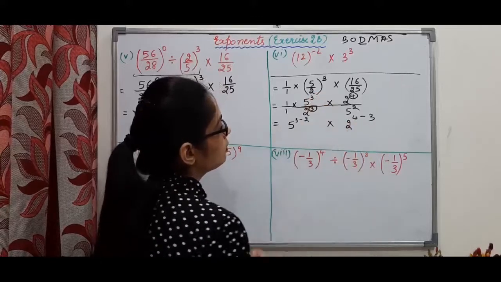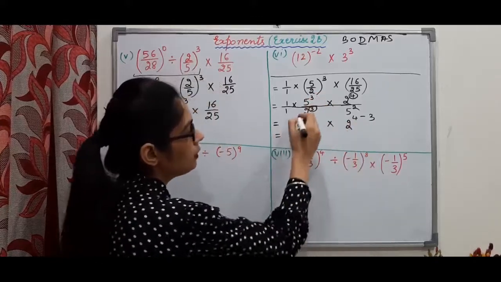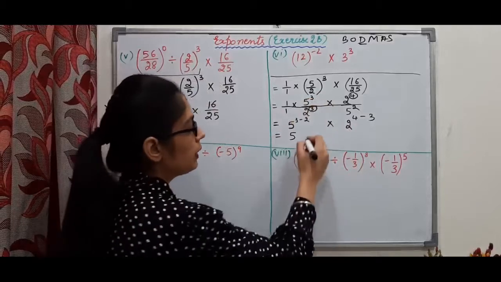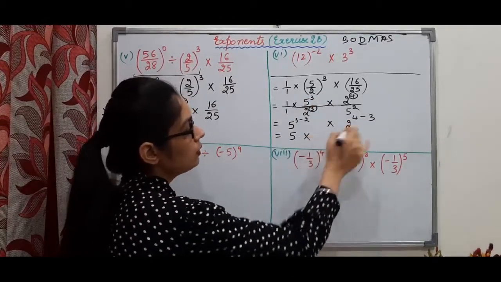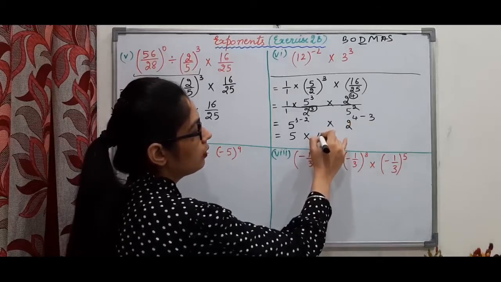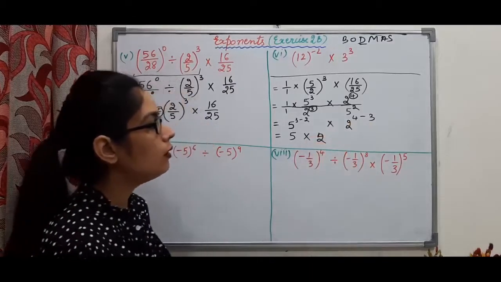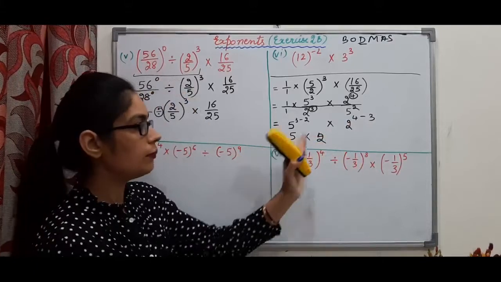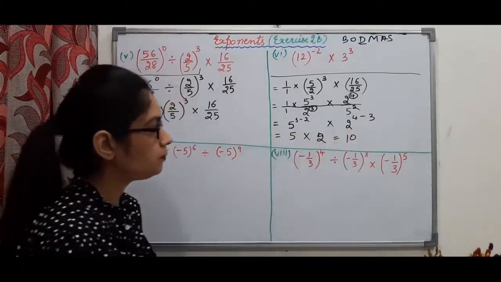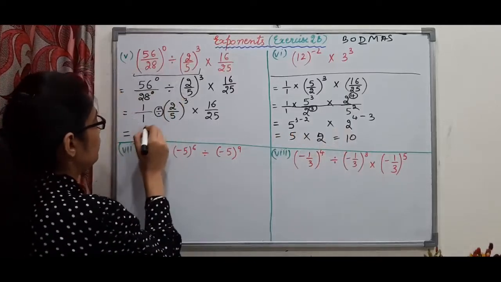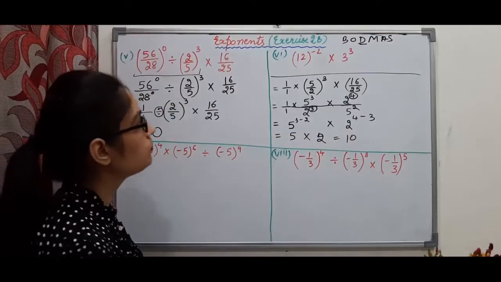So 4 minus 3. 5 to the power 3 minus 2, 3 minus 2 is 1, and 2 to the power 4 minus 3, 4 minus 3 is 1. So 2 to the power 1, 5 to the power 1. Now we can multiply these with each other. So 5 into 2 is 10. So we can write its answer equals to 10.